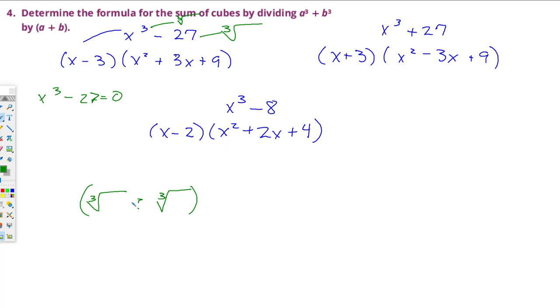And look at that first parenthesis. How can I pull that sign?